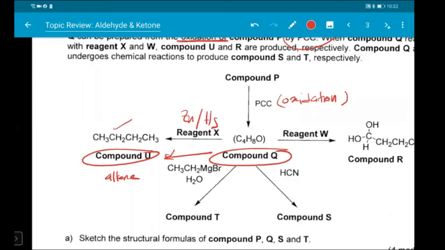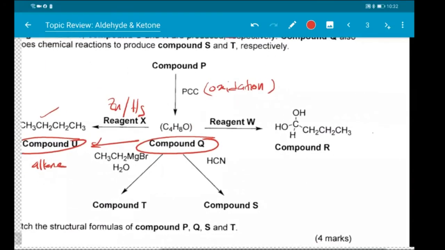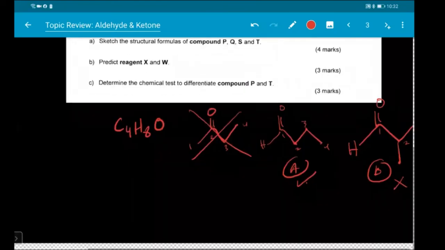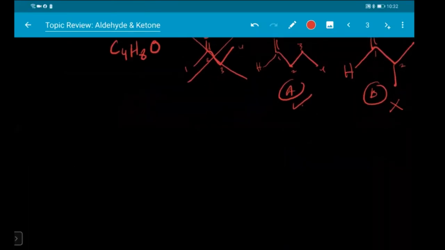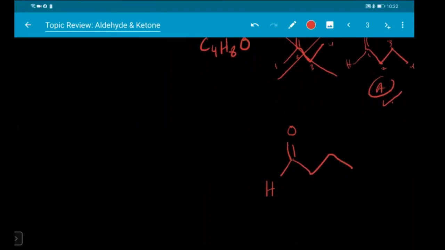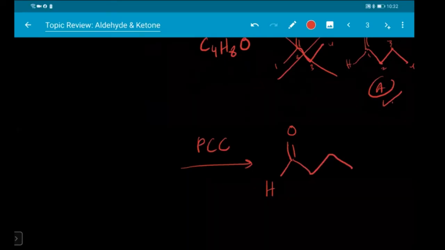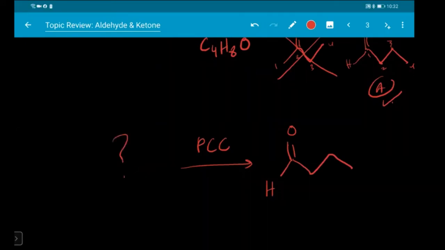Alright? Okay. Now, compound P, PCC becoming compound Q. Again, we already agree that compound Q adalah butanal. Okay, setuju? Dan nama tindak balas ini adalah oxidation. So, what you should expect the reactant should be?